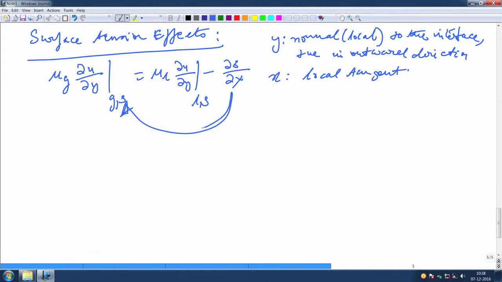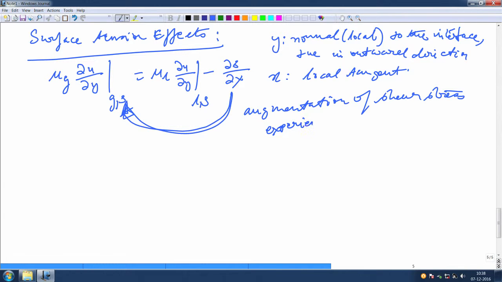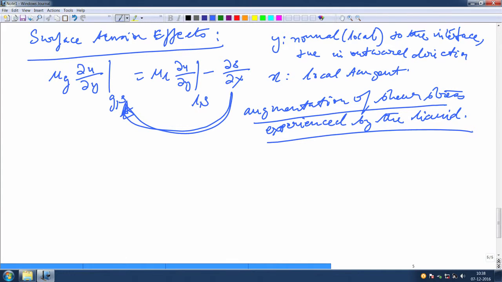If this goes to the other side, if you look at the script, there is an augmentation of shear stress experienced by the liquid.